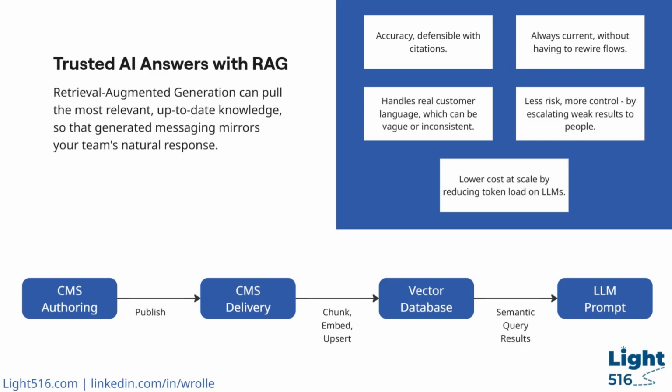So the vector database here is a game changer in conjunction with generative AI. And the next video, we'll take a look at some of the inputs and outputs and how it actually uses this content to produce good messaging for the at-risk customer.